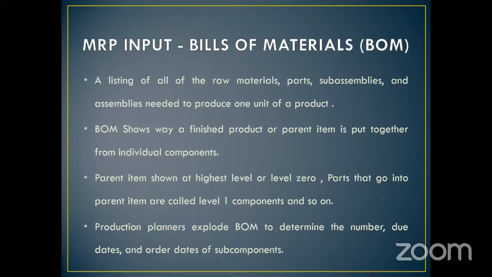So we have to take into account what the primary inputs required are, right? Then production planners exploit the bill of materials to determine the quantities, due dates or order dates, and subcomponents of the parts, and so on. That way, the production manager can explore all these things inside the BOM.